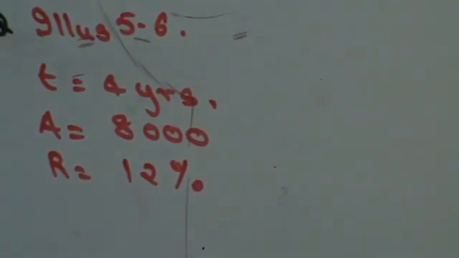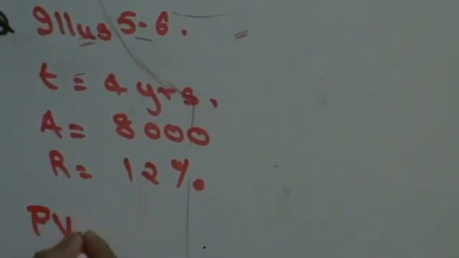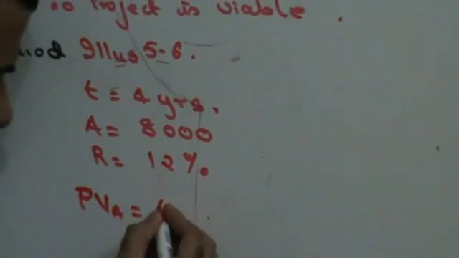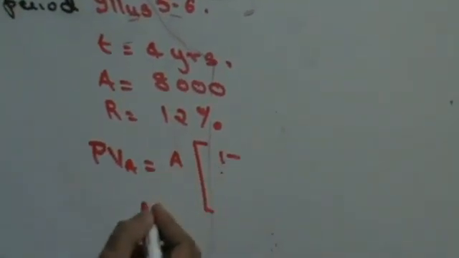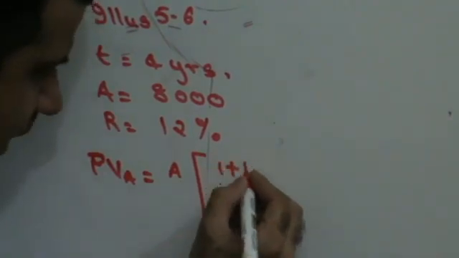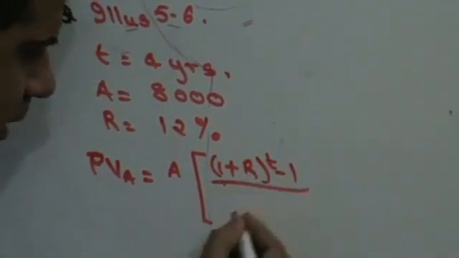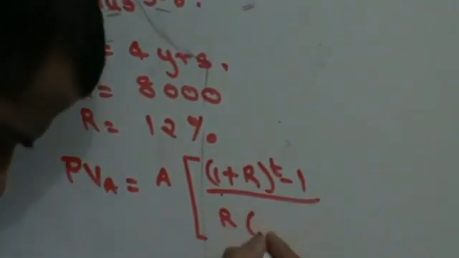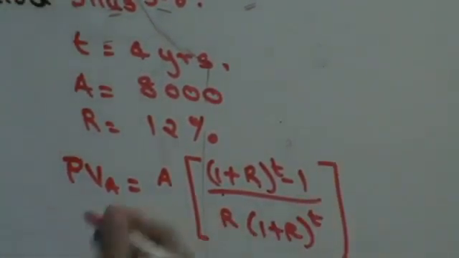Now, let's see this. Present value of annuity for 4 years. I could have said that I can use either the 5th formula or the 9th formula. Right? I'm going to show this to you with the help of 9th formula. I can say that present value of annuity is nothing but annuity into (1 plus R raised to T minus 1) upon R into (1 plus R) the whole raised to T. Right?